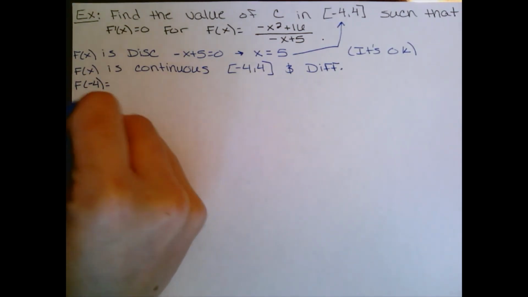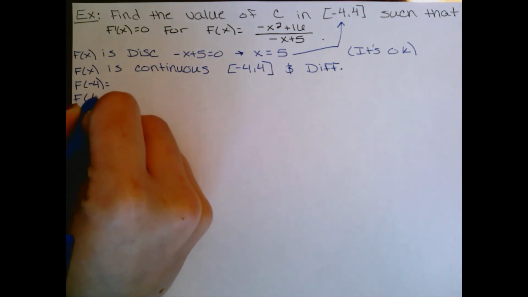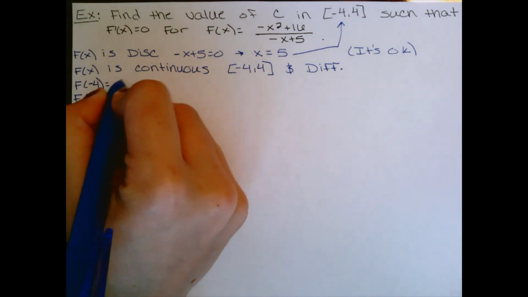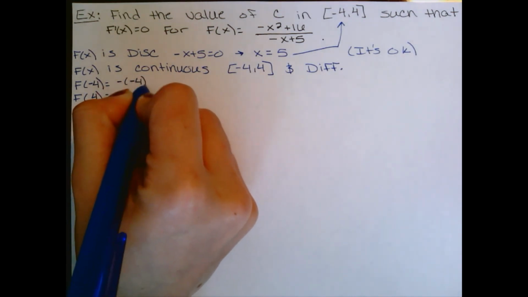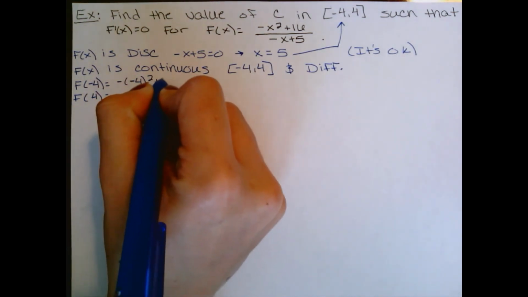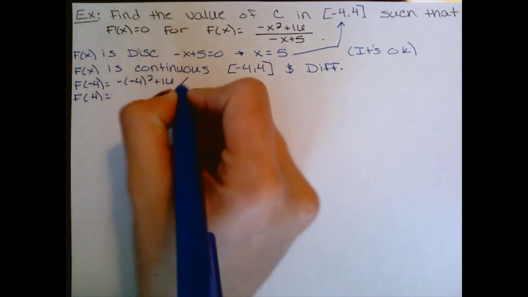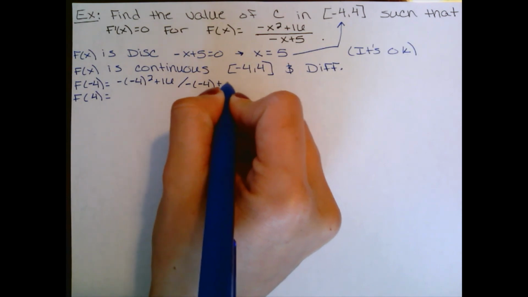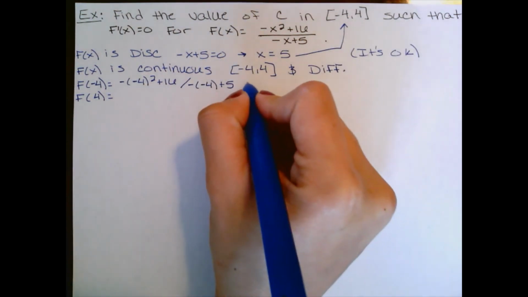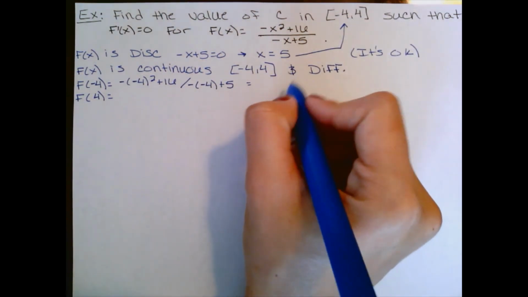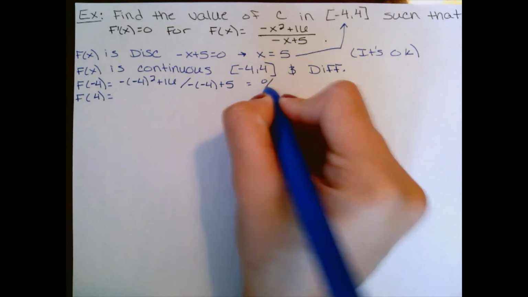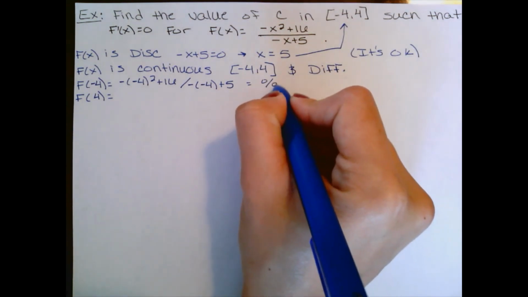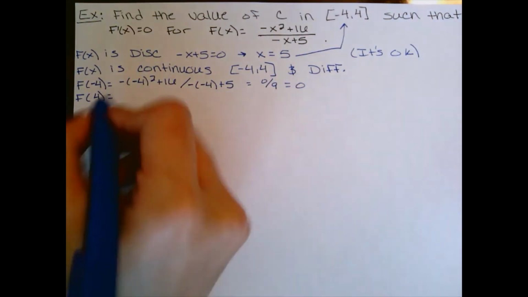F of -4 and f of 4. Let's plug in that -4. Feel free to do this off the top of your head or on your calculator. This gives me -16 plus 16, so I have 0 over, and then this gives me 4 plus 5, so this gives me 9. 0 over anything is 0.